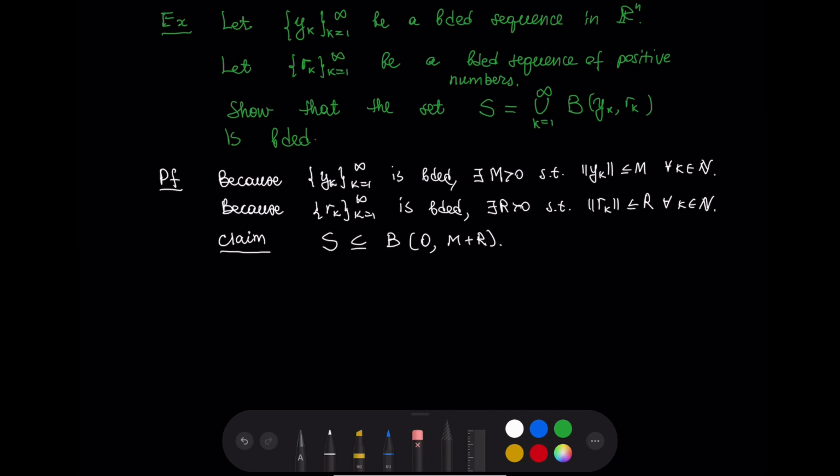So as we mentioned in the Scratch and from what we saw from the picture, we want to show that the set S is inside of the ball B centered at 0 of radius M plus R.